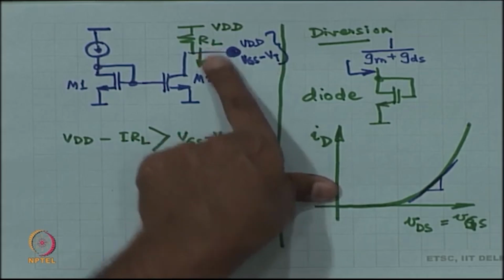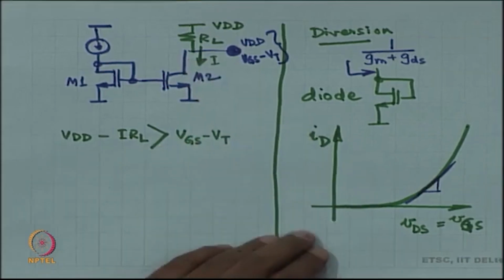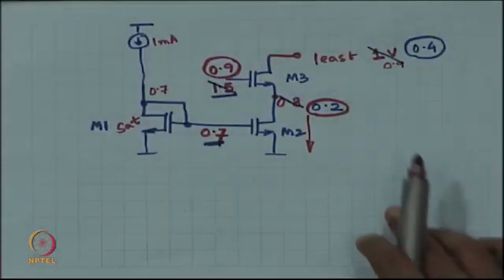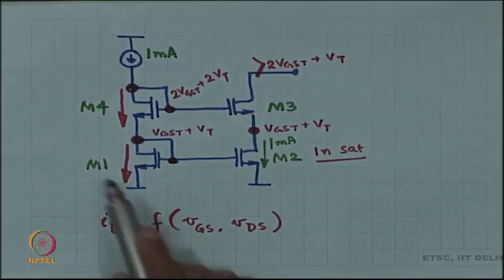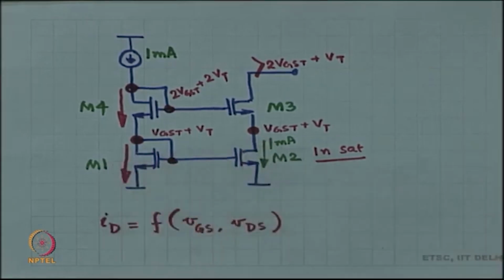So, VDS is totally different, which means that the current will have a lot of error. Whereas, in this case, both in M1 and M2, VGS and VDS are identical, and therefore, the current is going to be exactly, precisely equal. All right, is this understood? So, this is also a very nice feature.